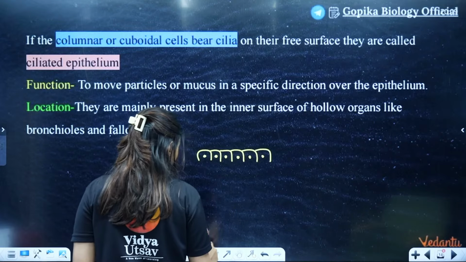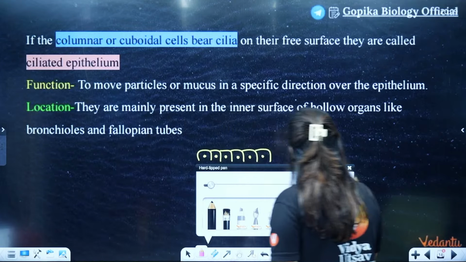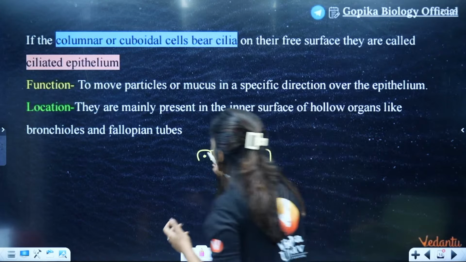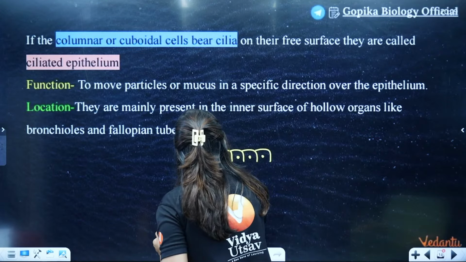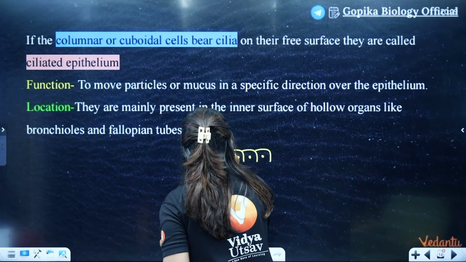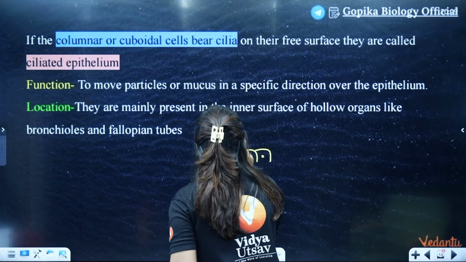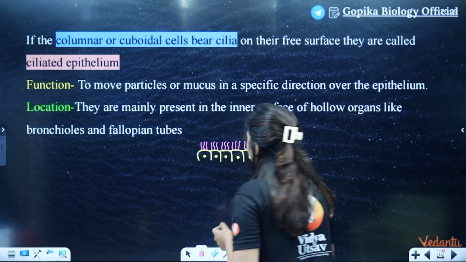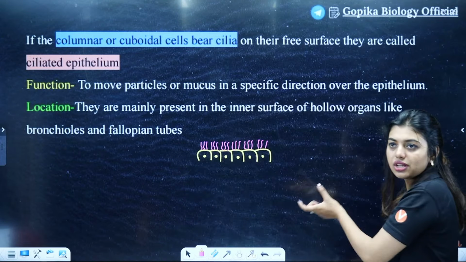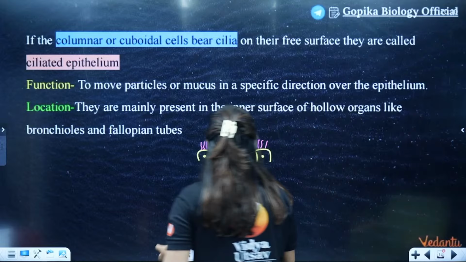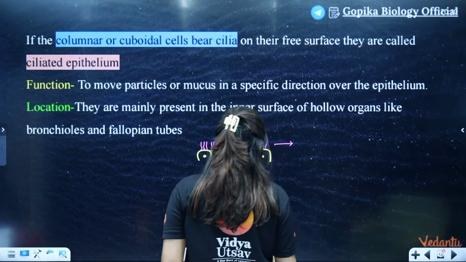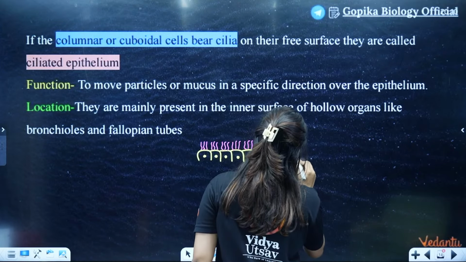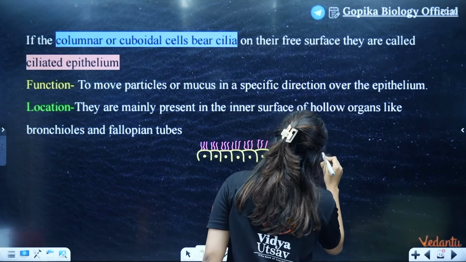So if your cuboidal epithelium has cilia, hair-like structures like this, what will they do? Help in movement. So these hair-like structures do the same job here, and we call this type ciliated epithelium.